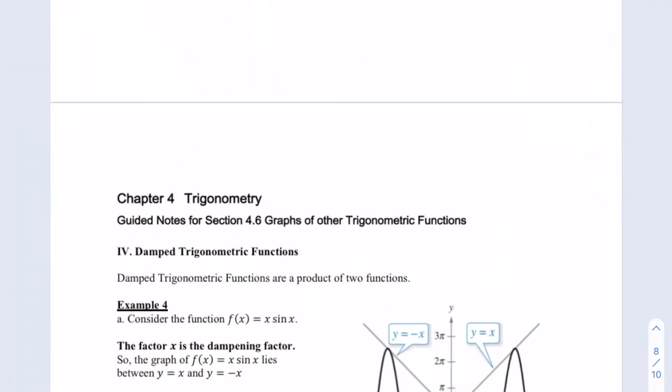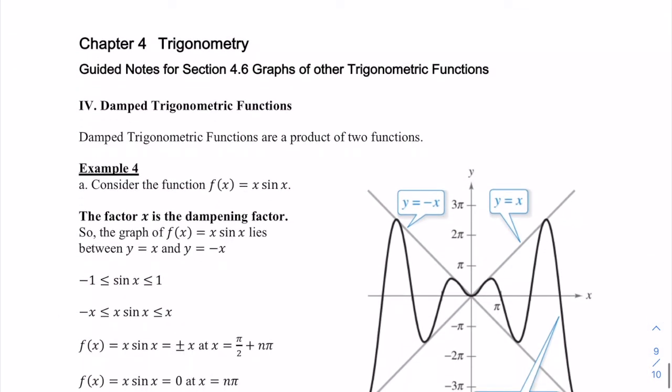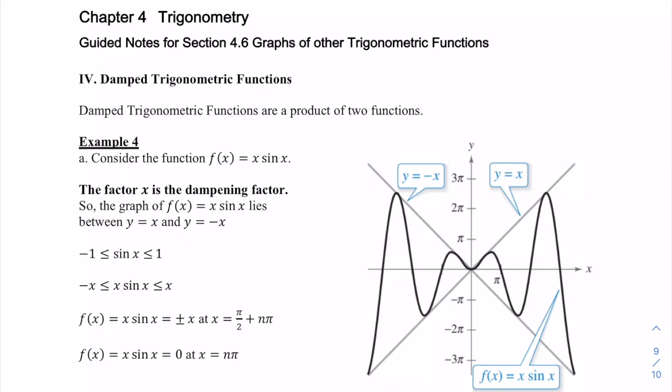The last thing we want to go over are the damped trigonometric functions. And I say damped, so the factor that we're dampening the function by is always going to be the product, or multiplied with the trig function. So here we have f of x equals x times sine of x. We know that sine of x has to stay between -1 and 1.